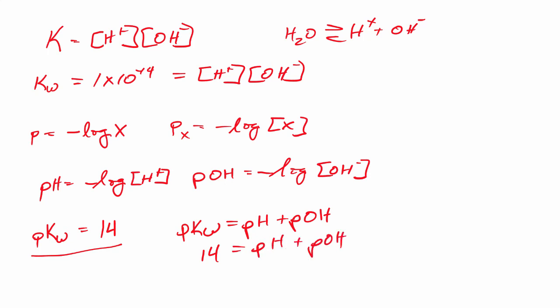One of your assignments is going to be figuring out the pH of solutions and the pOH of solutions, so this is one of the relationships you can use. So, review. Kw is equal to 1 times 10 to the minus 14. pKw is equal to 14.